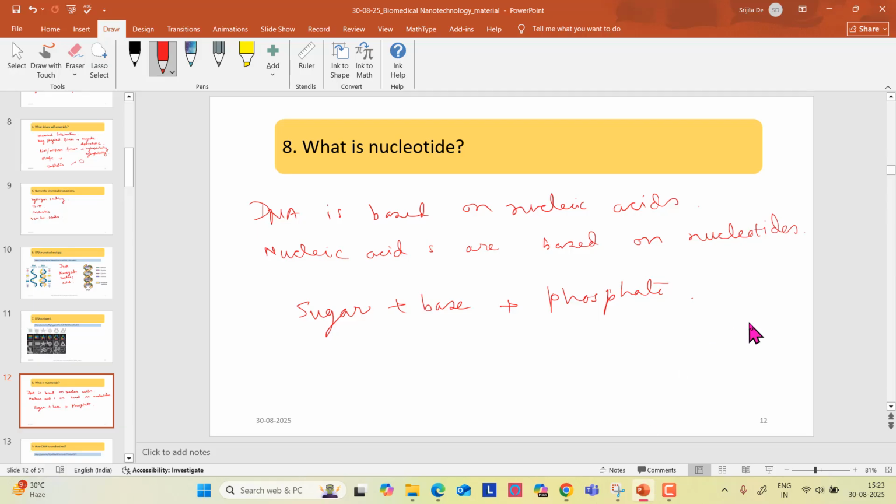DNA and RNA have carbon sugars. Sugar and base together is called nucleoside. So nucleotide is a part of nucleic acid, and nucleic acid is a part of DNA. So nucleotide has become an important part of DNA. Okay.